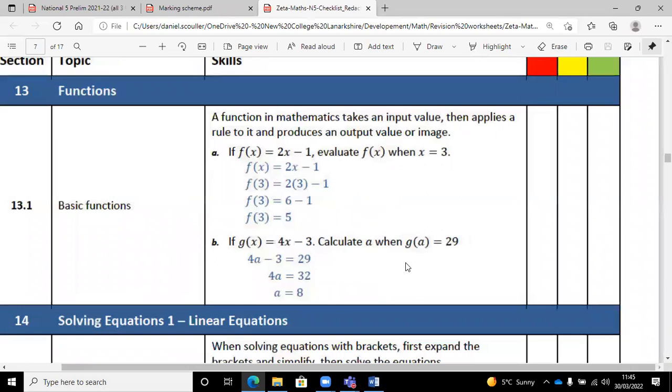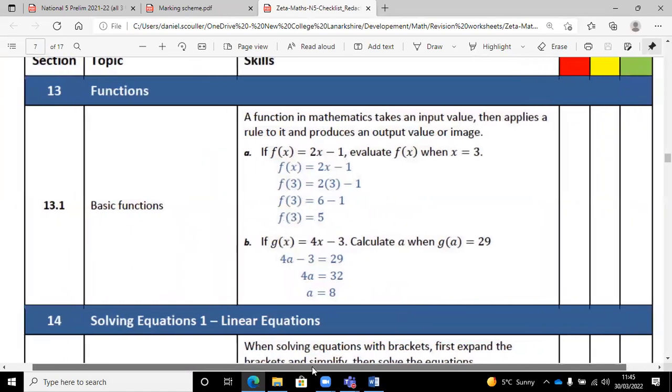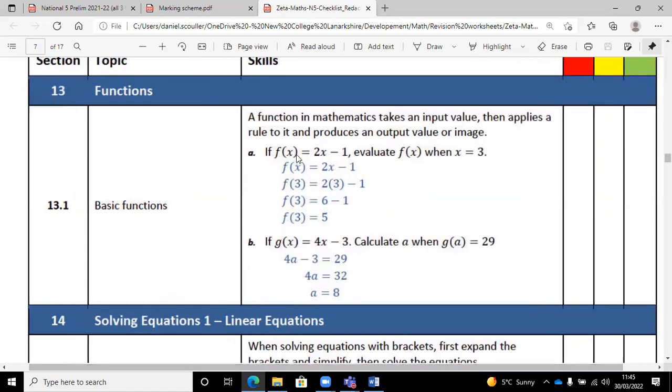Okay, so they can ask it two ways. Okay, they don't need to use the letter F, they don't need to use the letter X. Okay, the first way they can ask it is when you get given X equals something and you substitute that into the function. Okay, what the question we just did there is we were given B. We were given an answer, so that function is the answer. Okay, and you're looking to find out what number we need to substitute in to get to that answer.